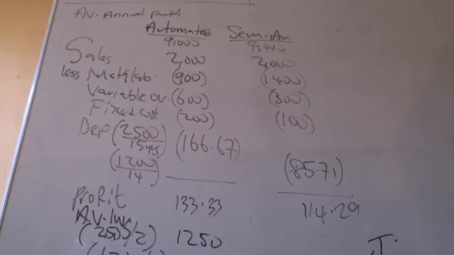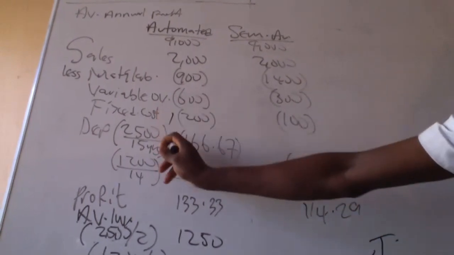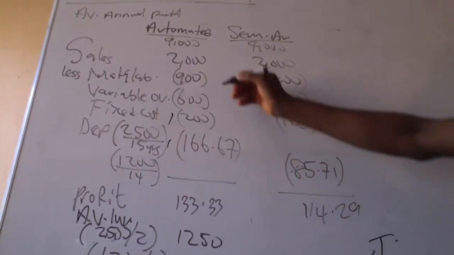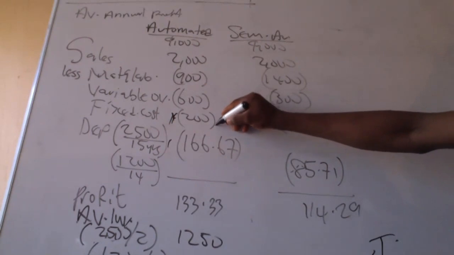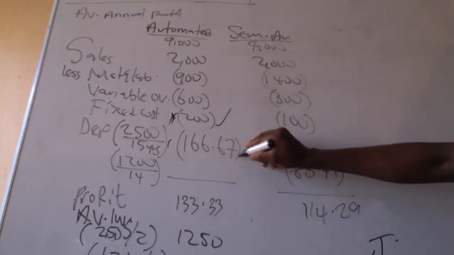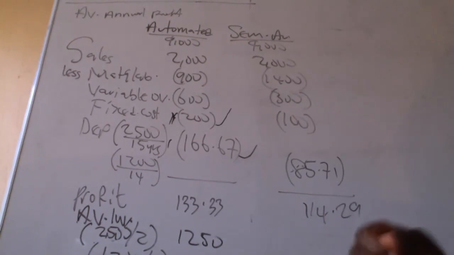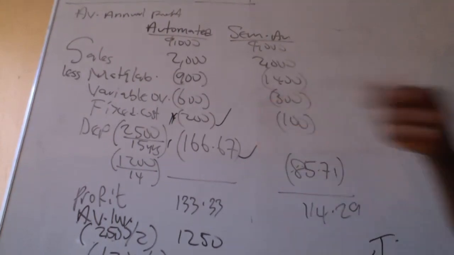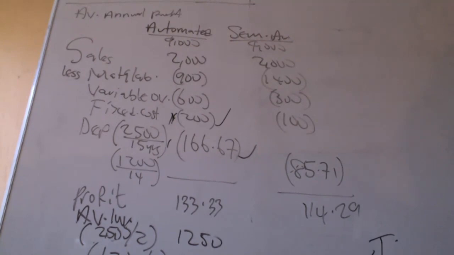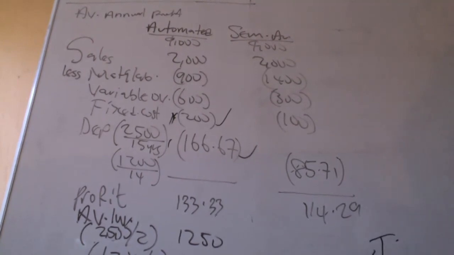So you have to subtract the fixed cost and then subtract the depreciation from it before you can use it. Without it, you cannot use it. If you want to use the cash flow that we use under the payback period, you have to subtract the non-cash item from it and then get the accounting profits. Good. I hope you get it.